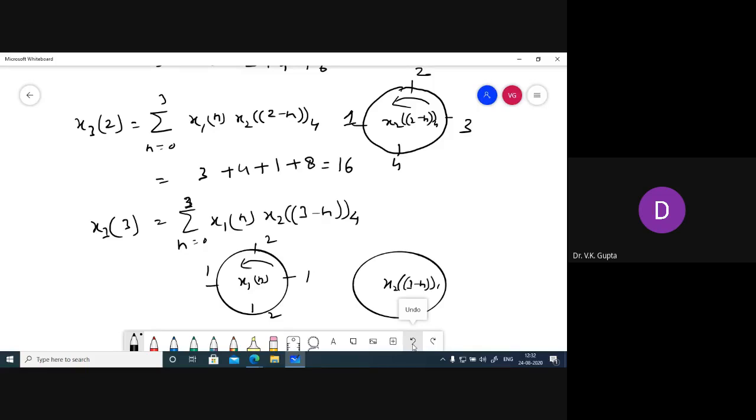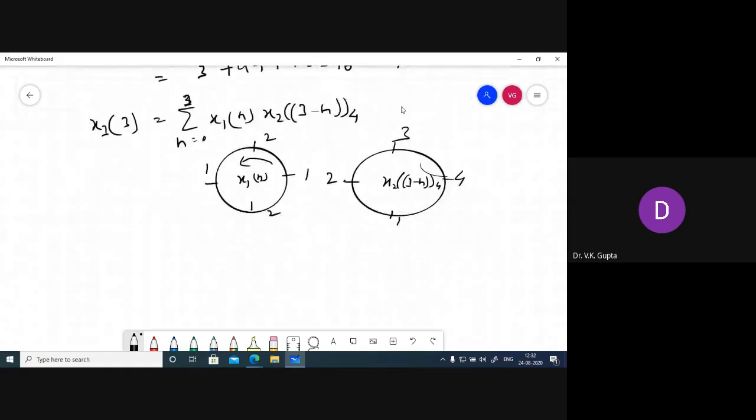This is your x2 of (2 minus n). If you shift it again by 1, then it will be x2 of (3 minus n). By shifting, this 4 comes to here, this 3 comes to here, 2 comes to here, 1 comes to here.